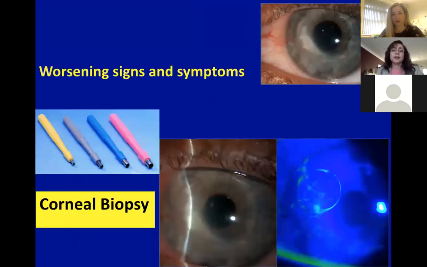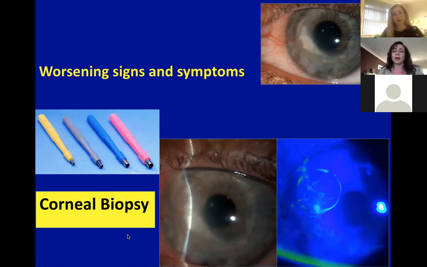So if you see the patient's symptoms and signs worsening, then you've got to stop everything and take a biopsy. And you need to take a biopsy from the deeper infective tissue. For example, that patient who had a DALK and had deep infiltrate, which got better and worse and better and worse almost over a year, and has not completely settled.